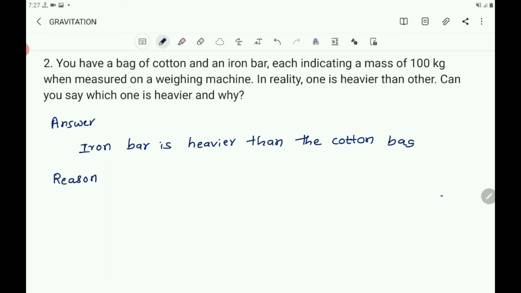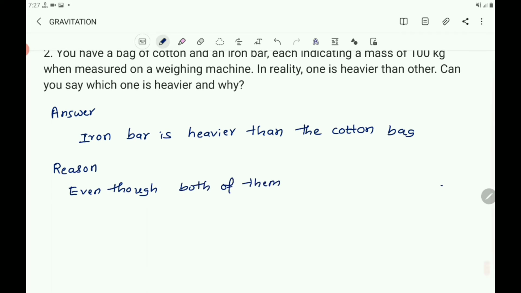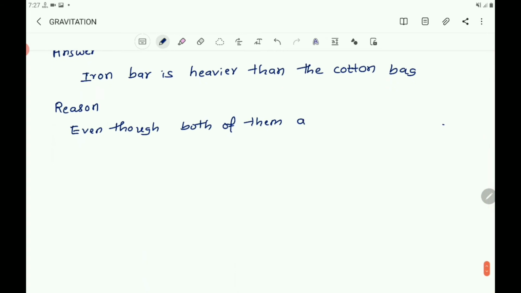So write, even though both of them are having the same weight, iron is having more density.